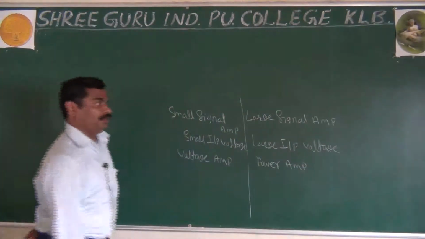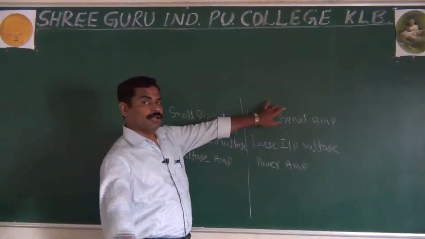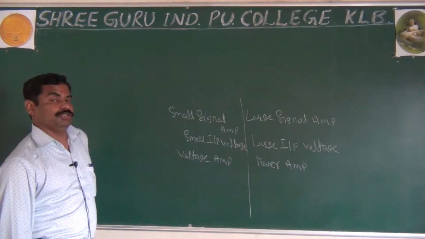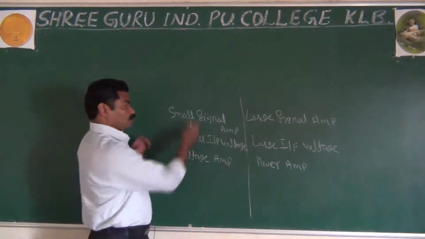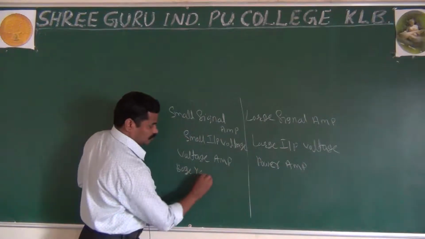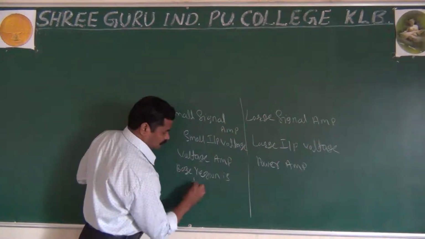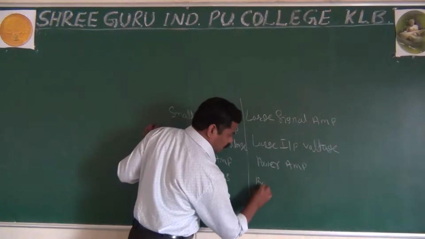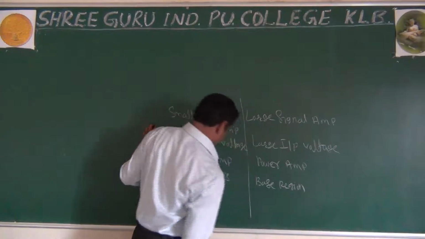The important difference between small signal amplifier and large signal amplifier: as we know, in general, in your transistor the base region is very thin. In your small signal amplifier, the base region is thin. But in your large signal amplifier, the base region is thicker.